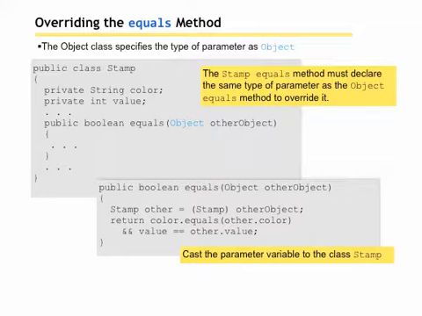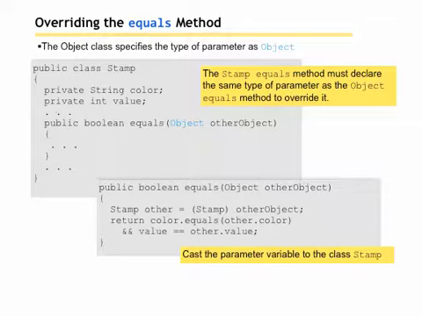And note that a superclass reference can always be satisfied by a subclass reference because the subclass is a superclass, not the other way around. So we can pass a Stamp reference to this equals method, but we will need to downcast it so that we can get access to those instance fields.